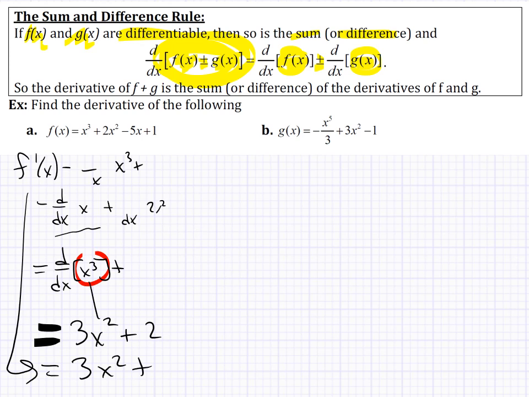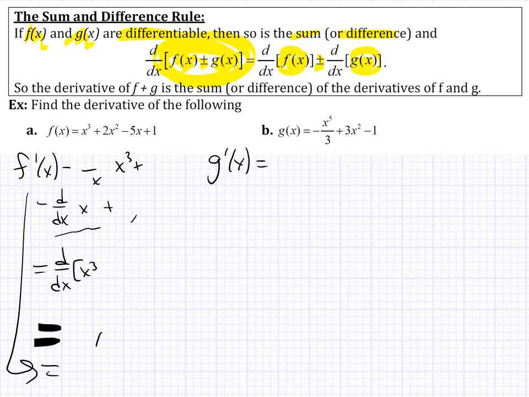The next one, we also have a sum or difference. So we have terms added and subtracted together. If you look at g of x, if I want to take g prime, I'm going to take the derivative of the whole thing, but that's going to then allow me to take the derivative of negative x to the 5th over 3, separate from the derivative of 3x squared, separate from the derivative of 1.